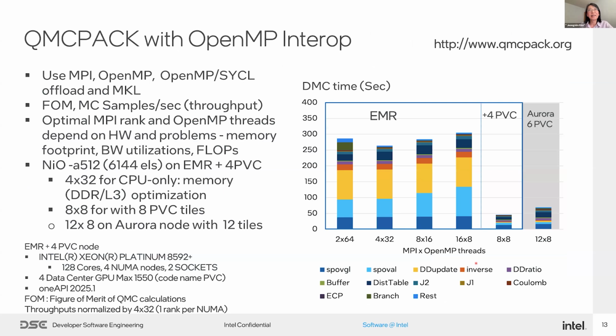This is sort of how the OpenMP interop is being used in QMCPACK, and in fact, with the great modernization funded by the ECP project, they can now really put all these things together and select the best configuration they can use to maximize the performance, and then use them for their studies.